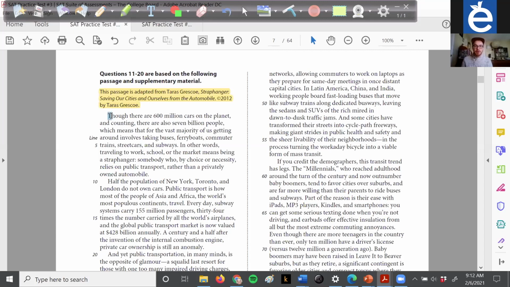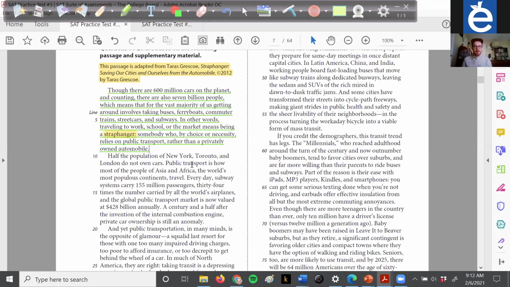In other words, traveling to work, school, or the market means being a strap hanger, somebody who, by choice or necessity, relies on public transport rather than on a privately owned automobile. Okay, so we've defined a term early on. I might circle that on test day. It makes sense if you're familiar with public transportation, if you've taken a bus or a subway before. You know, sometimes when you stand, you have to hang on the strap to keep your balance. So that's what we're doing there.